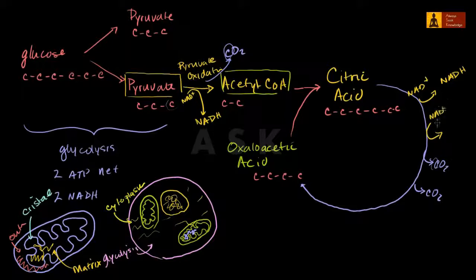Another NAD+ molecule will be reduced to NADH. Maybe we'll produce some ATP, or some ADP will turn to ATP. ADP turning into ATP. Maybe we have some, and not maybe, this is what happens. Some FAD gets, let me write it this way, some FAD gets reduced into FADH2.